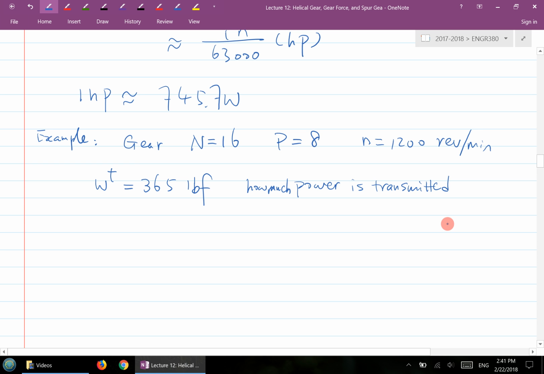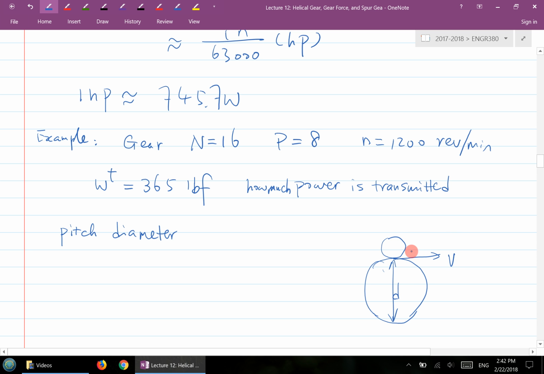A simple calculation here. The gear has a number of teeth given and diameter pitch given, so we can calculate the pitch diameter. You have a gear here, probably driven by a small pinion gear, and you have a linear velocity over here, and the pitch diameter over here.